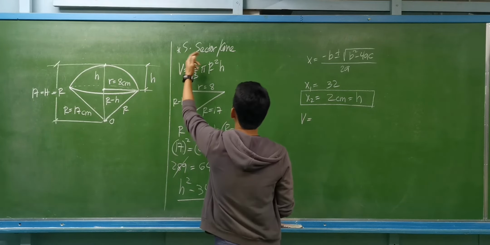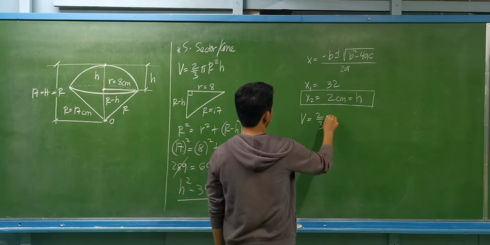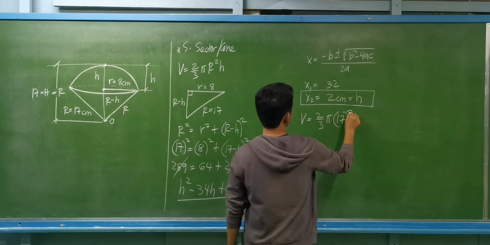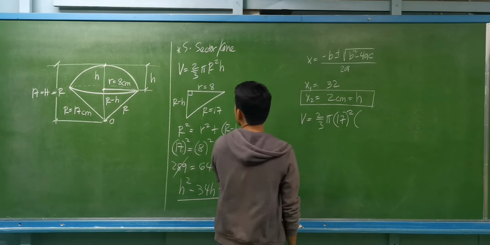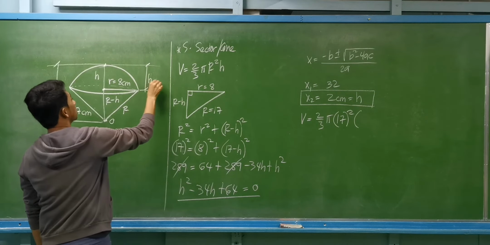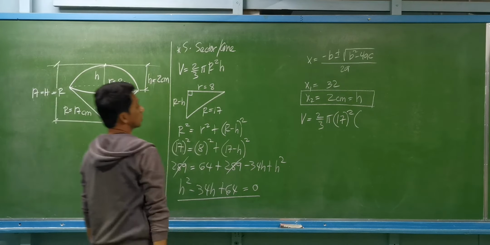The volume of the spherical sector is equal to 2 over 3 pi times the radius, 17 squared, multiplied by the height of the spherical zone, which we computed as 2 centimeters.